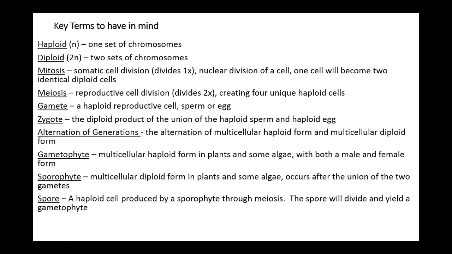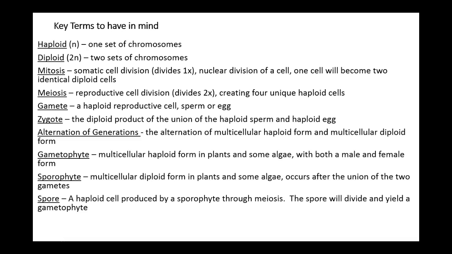Meiosis is this process of reproductive cell division where a precursor cell or stem cell divides and basically halves the amount of chromosomal information that you started out with, so that you go from a diploid to a haploid in meiosis. Gamete, we already said what this was. This is a reproductive cell.